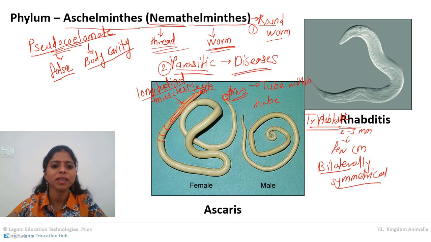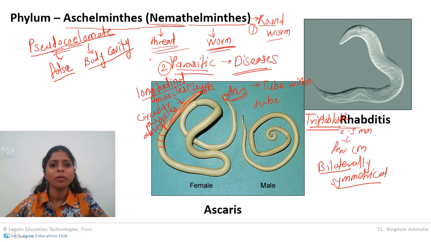Circular muscles are absent. Clear about it? Understanding? So these are a few characteristics.